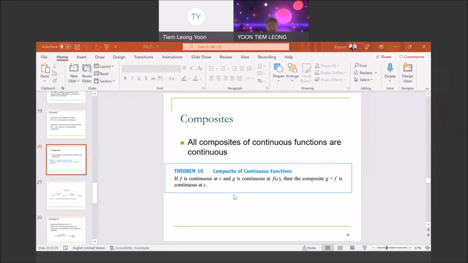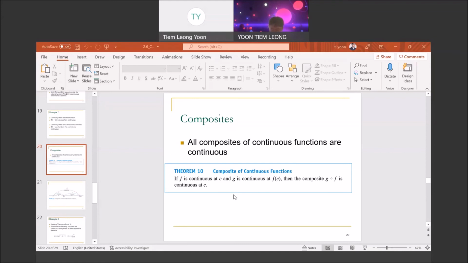That means the limit of the composite function g composed of f exists, and the value of the limit just equals the value of the composite function evaluated at c.